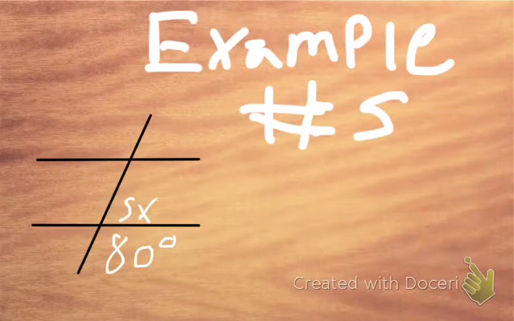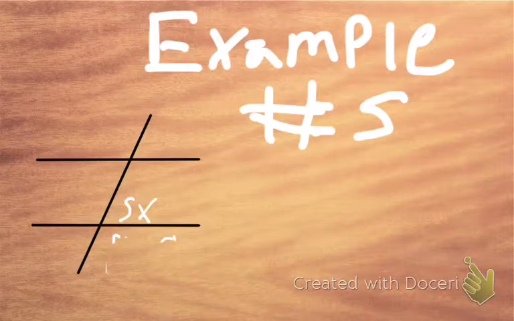Next is example 5. First let's change this into an easier one, because I know for a fact this one is wrong. Since it is linear, you know that it equals 180 degrees. So actually, let's do this, it's much easier. 80.